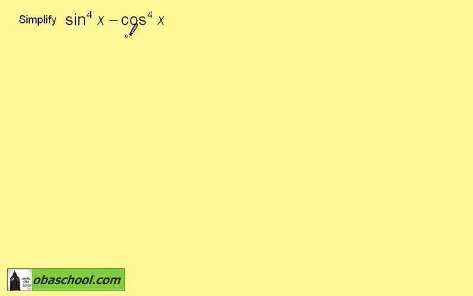We want to simplify the expression sin^4 x minus cos^4 x. To do this, remember the difference of two squares. x squared minus y squared is (x plus y) times (x minus y).